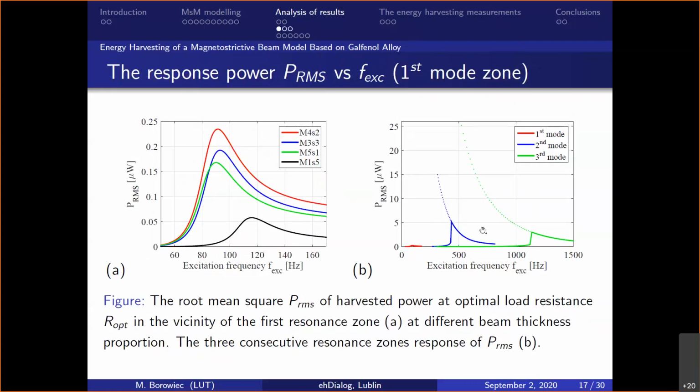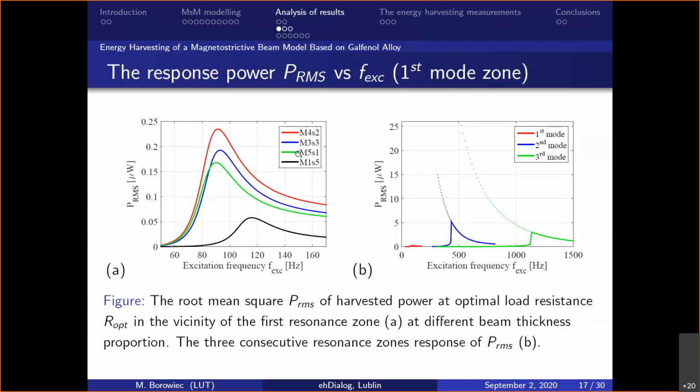And the first position in the next figure A, on the left side of the slide, illustrates the energy harvesting response for the analyzed beam thickness for these 4 cases.